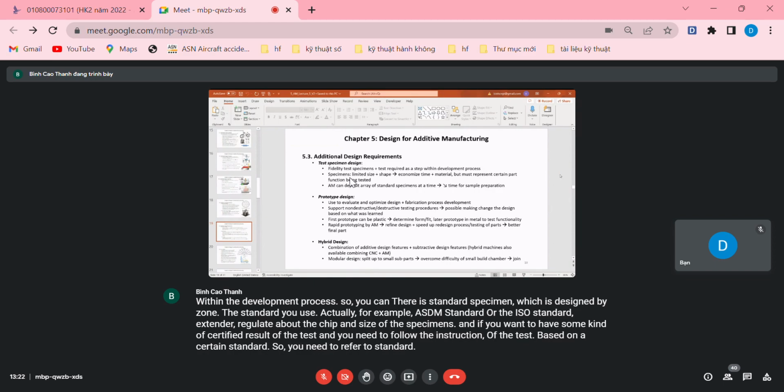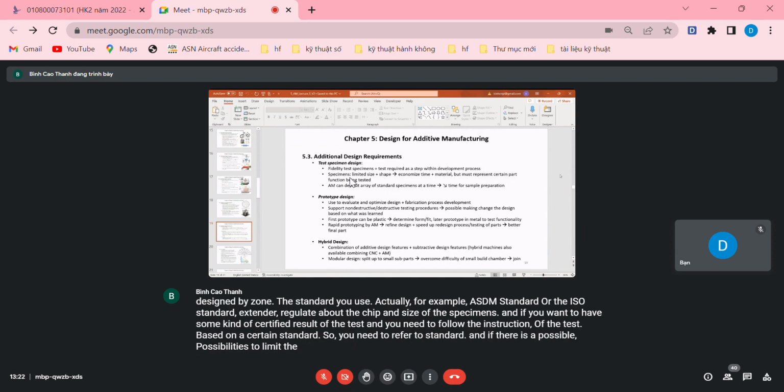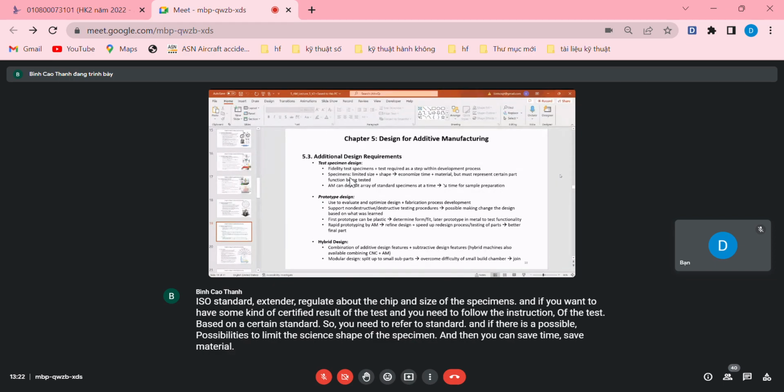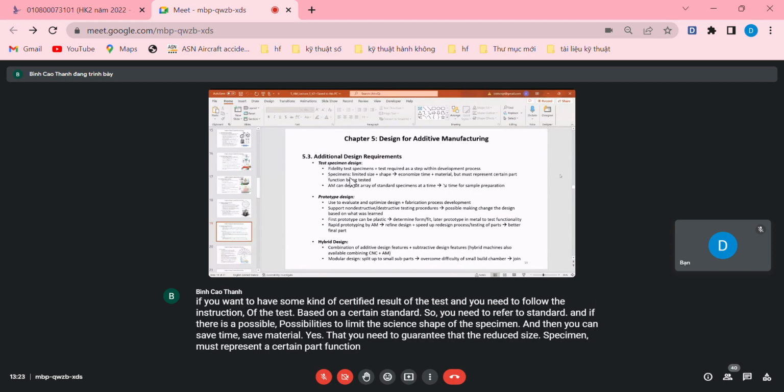So you need to refer to the standard. And if there is a possibility to limit the size and shape of the specimen, then you can save time and save material. But you need to guarantee that the reduced-size specimen must represent the part function that is to be tested.